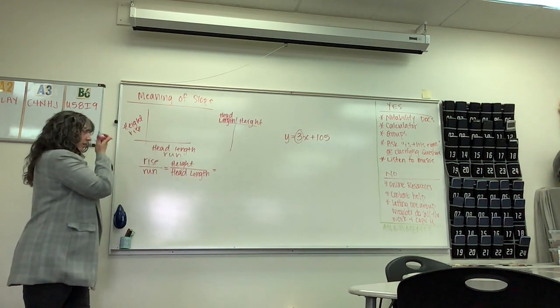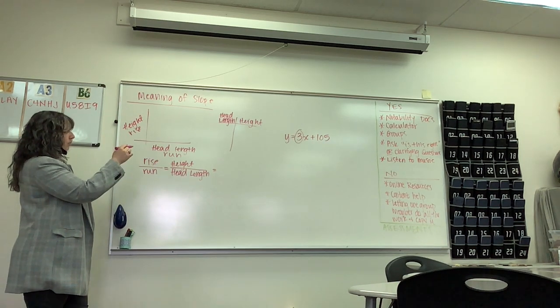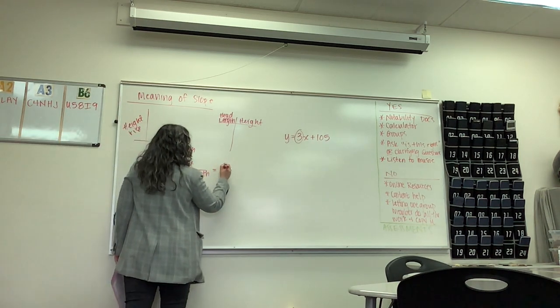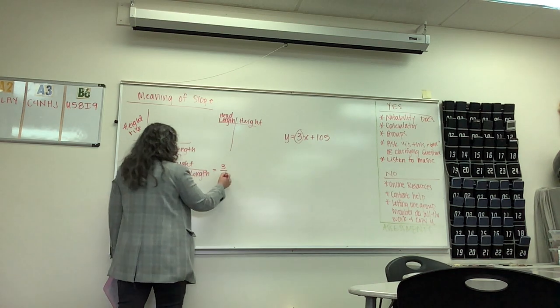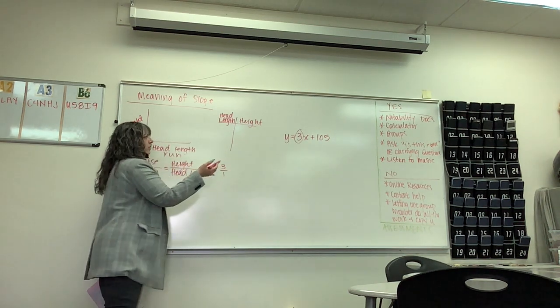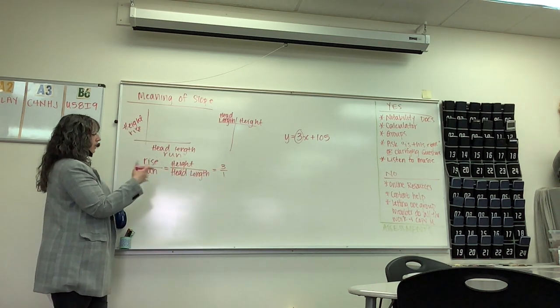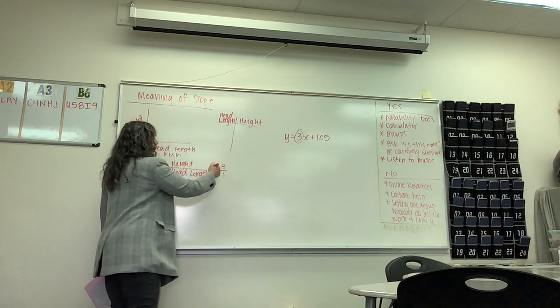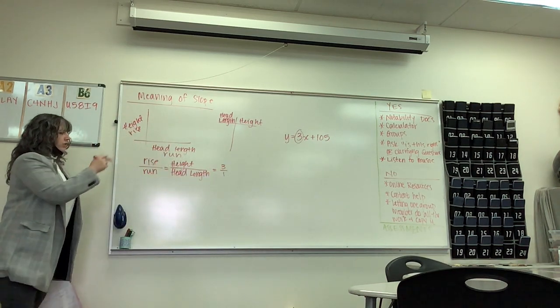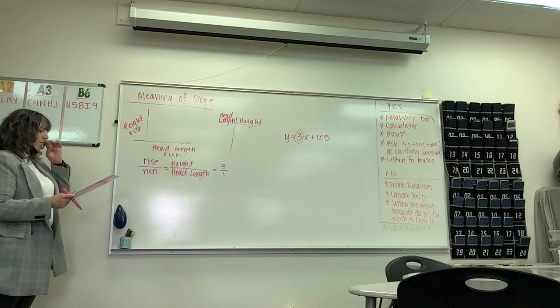Then I have to think about my slope, my number. I can always write any whole number, if I don't have a fraction, as that number over 1. So coming from my equation, this would be 3 over 1.